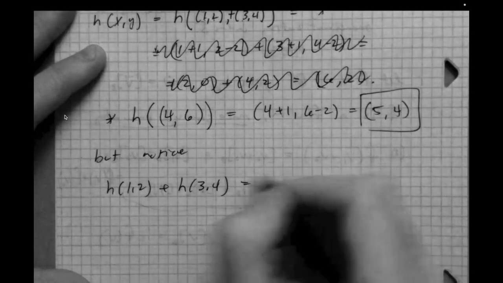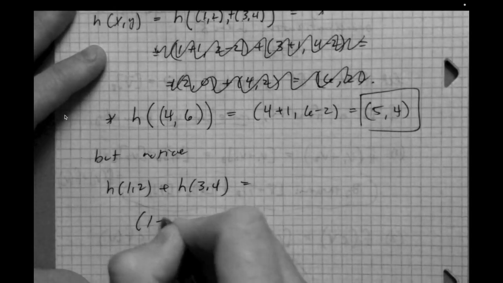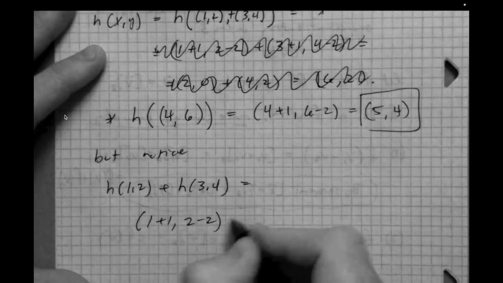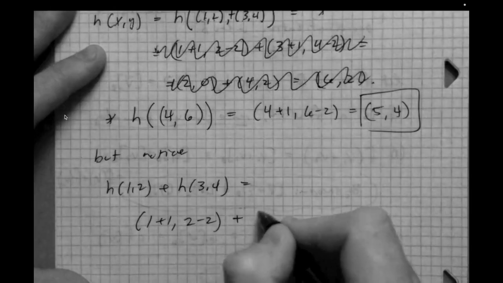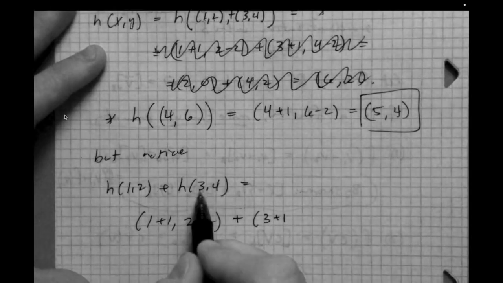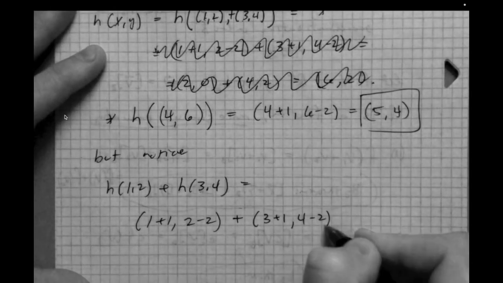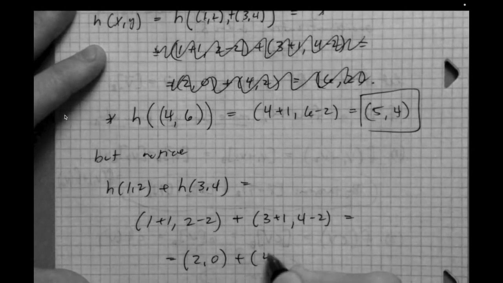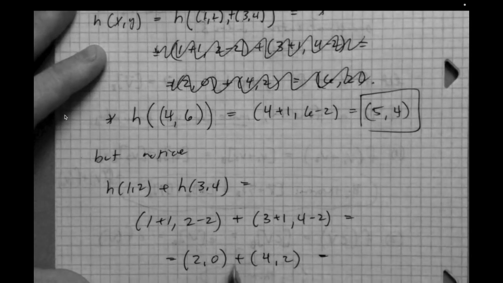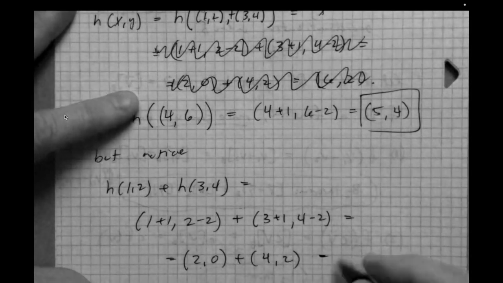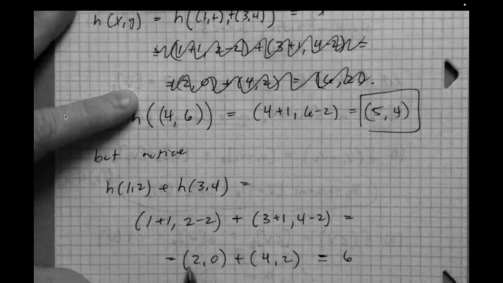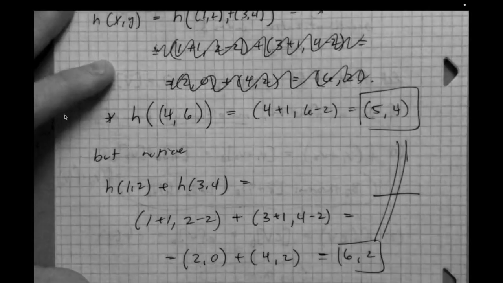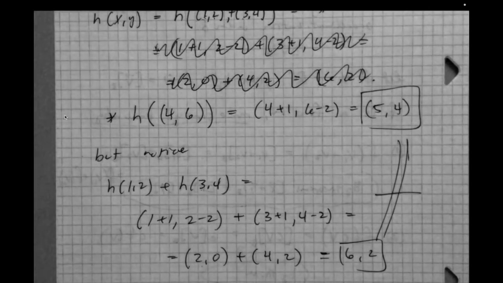So that is going to give me 1 plus 1, comma 2 minus 2, that's this one, plus 3 plus 1, comma 4 minus 2, that's this one. So I get (2, 0) plus (4, 2), which is 2 plus 4 is 6, and 0 plus 2 is 2. So they're not equal, is the point.